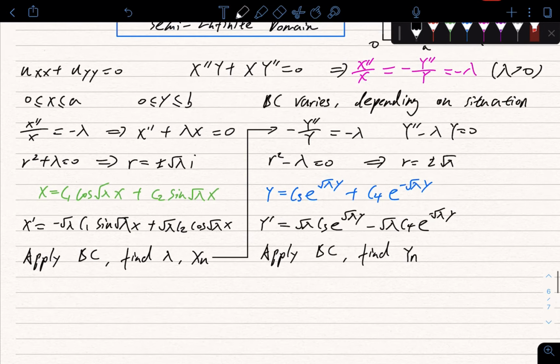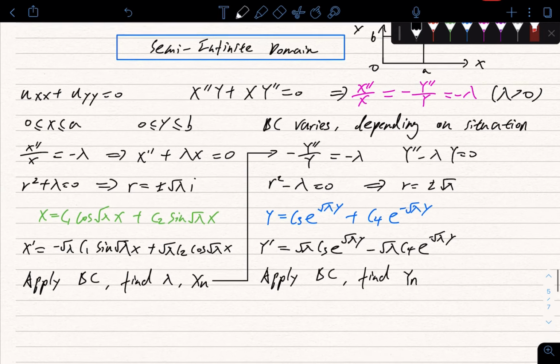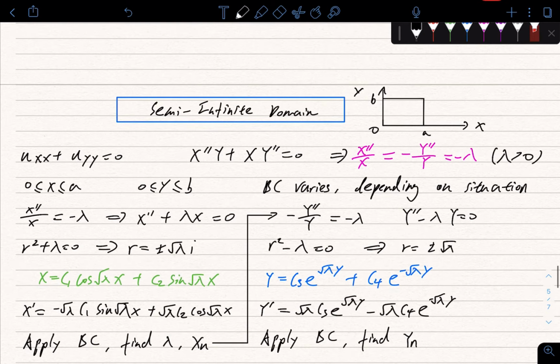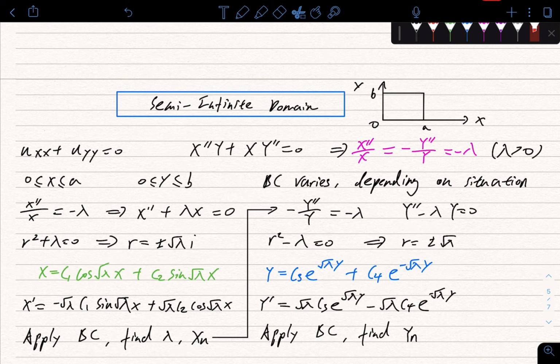All right, so this is where it gets interesting. In the semi-infinite domain, oftentimes our temperature U needs to be bounded, because think of it as a slab of material that maybe gets heated on this side or maybe heated on that side, and then you have an infinitely long piece of material going up or to the other side.